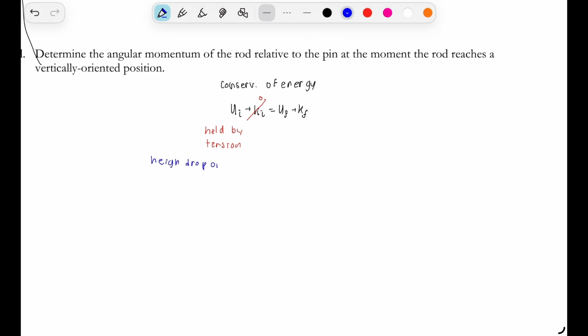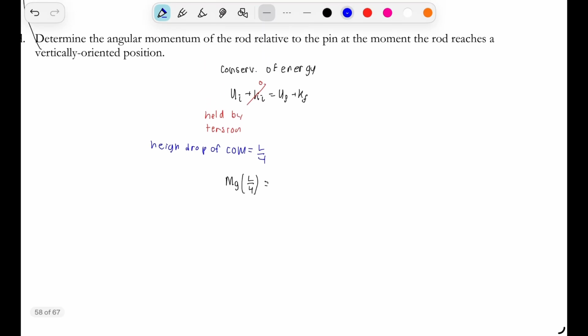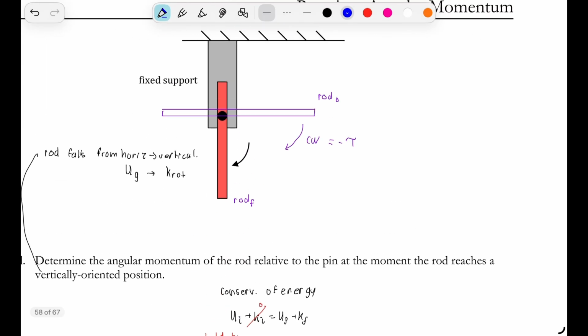And then we know that the height drop was equal to L over 4. So then we can plug this in and rewrite everything. We know that mg times L over 4 is equal to UF plus KF.